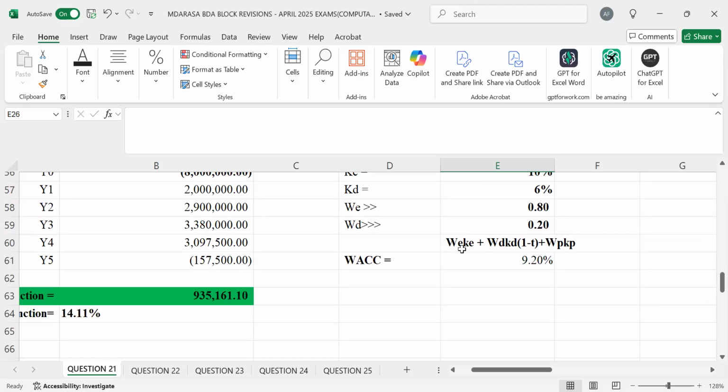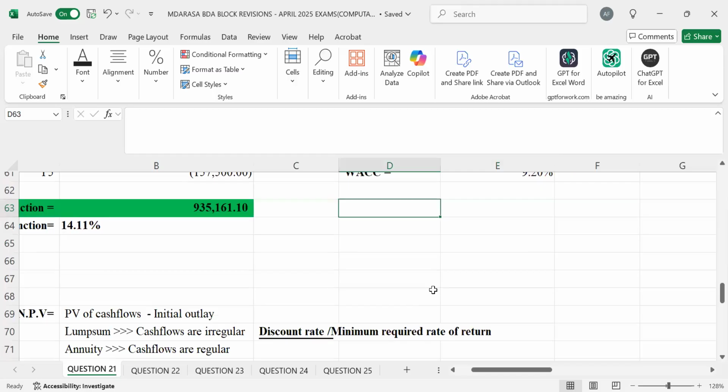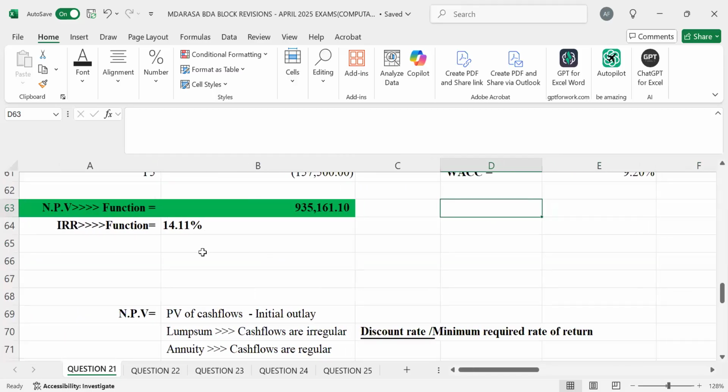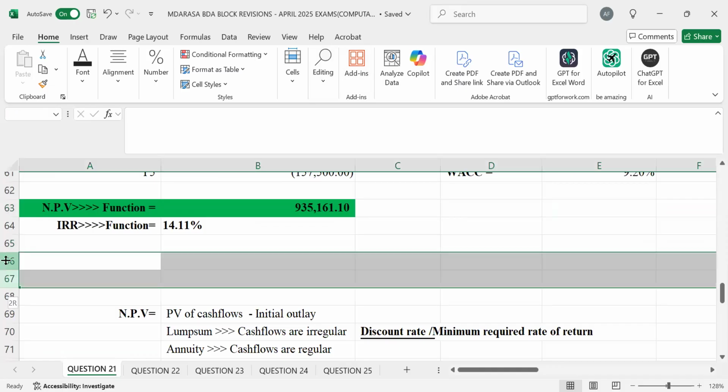So this is how we can go about it. Determine IRR using our chart. This is how we'll go about it.